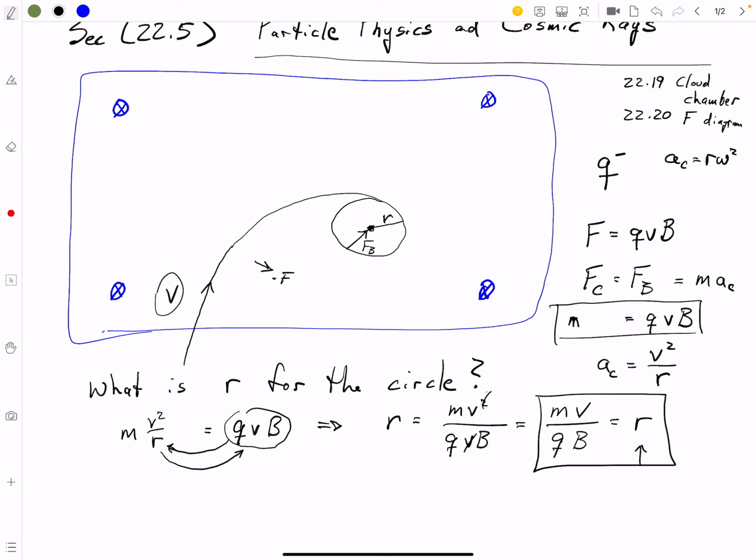Okay, so that's how you would do that. However, you could be given all kinds of stuff, right? You could be given the radius and the velocity and asked for the B field, or however somebody wants to do it. Okay, so far so good.